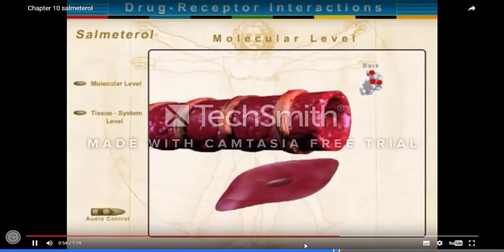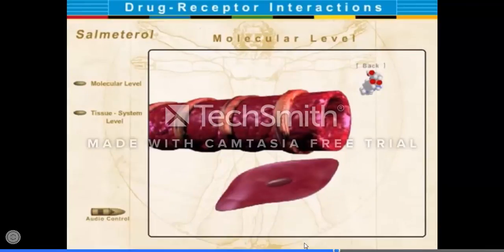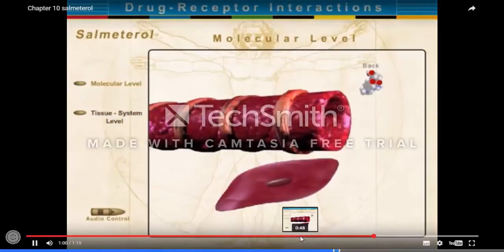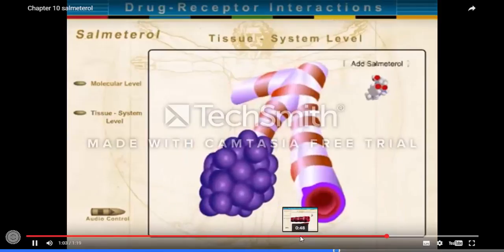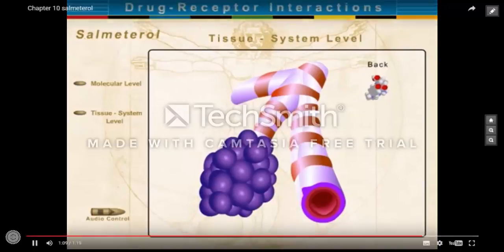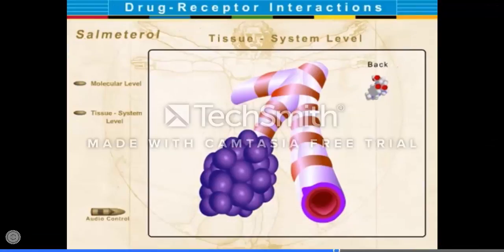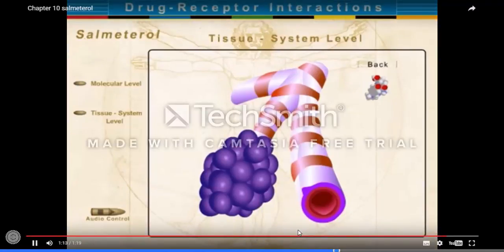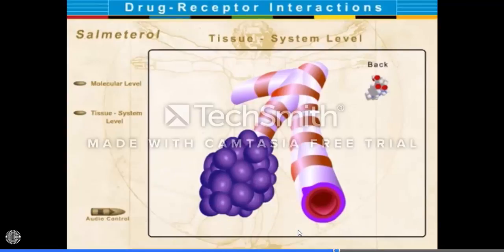It goes into storage in the endoplasmic reticulum, and hence the smooth muscle cells relax. At the tissue and lung level, the addition of salmeterol through a metered dose inhaler causes bronchial and bronchiolar smooth muscle to relax, resulting in a widening or dilation of the airways, less hyperinflation of the alveoli, and easier breathing.